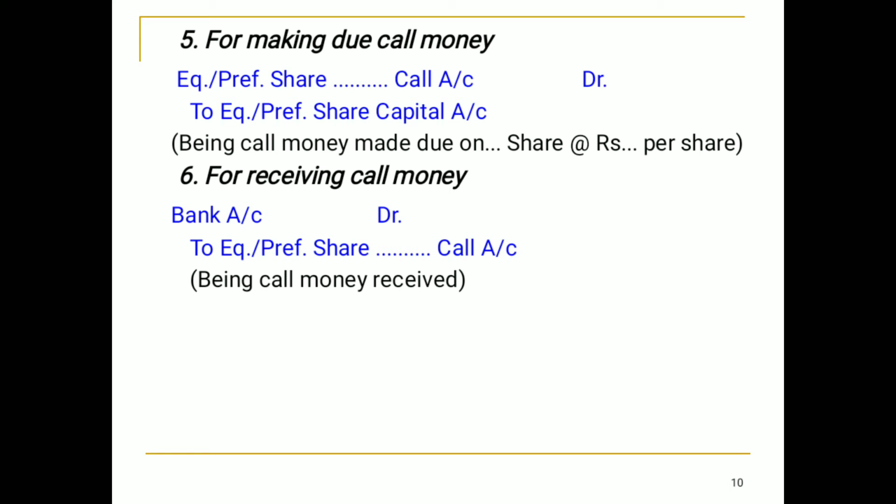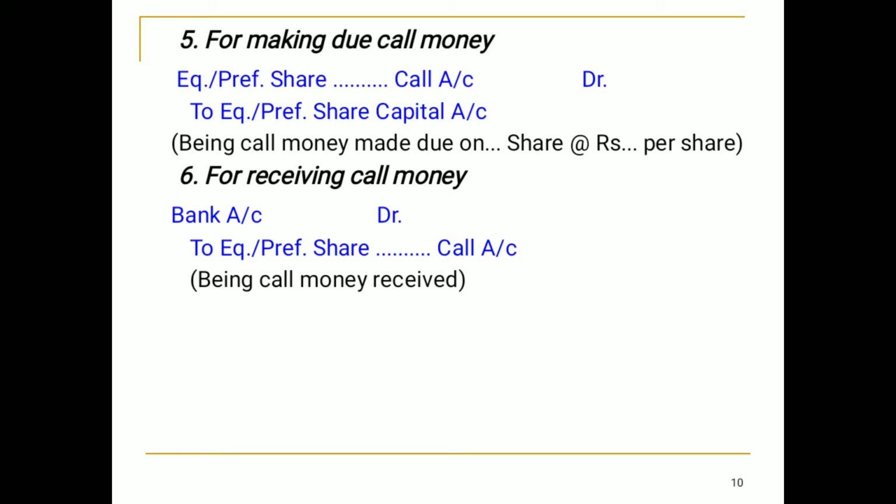It can be first call or it can be second call or say a final call. Instead of first and second, there is also a final call. The amount can even be collected in 3 installments and also in 4 installments. Yes, but not more than 4. So the journal entry for calls remain same.